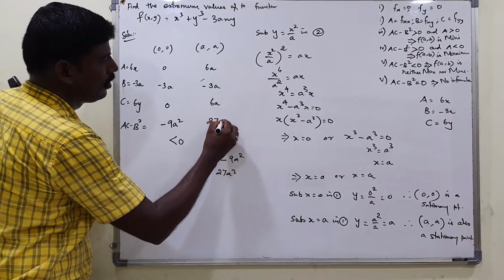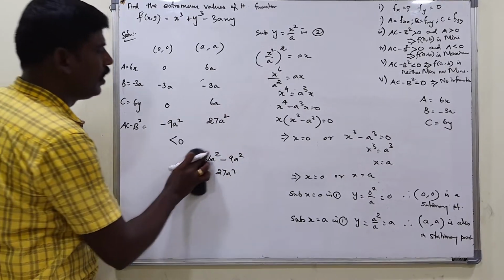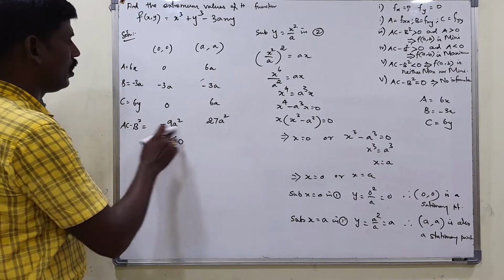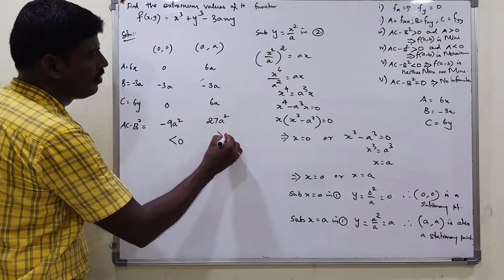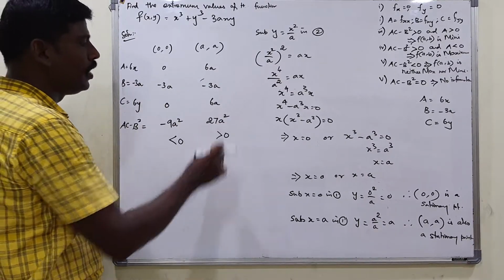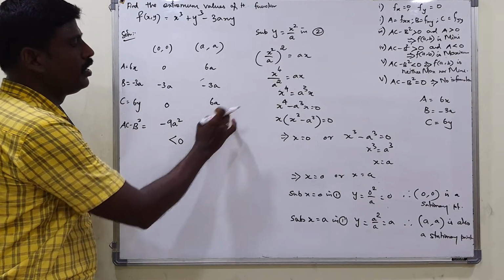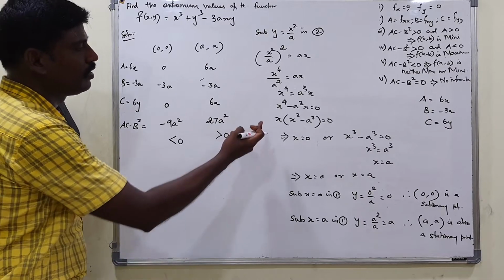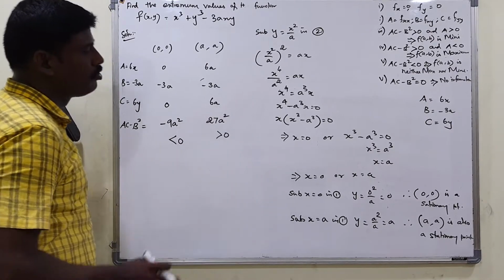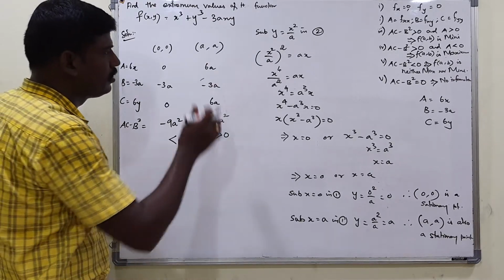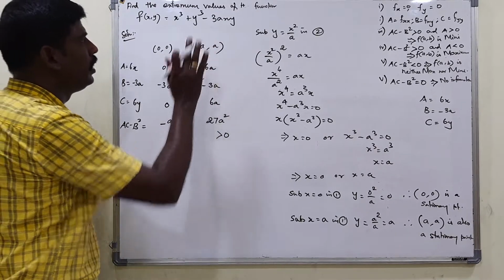So 27a square is the value of AC minus B square at the point (a, a). Here it is positive. It is always greater than 0 for any value of a. If a is negative 1, when we take the square it becomes positive. If a is positive 1, the square is always positive. So 27a square is always positive, independent of a.